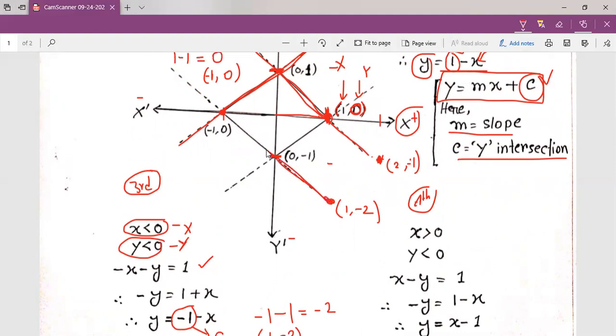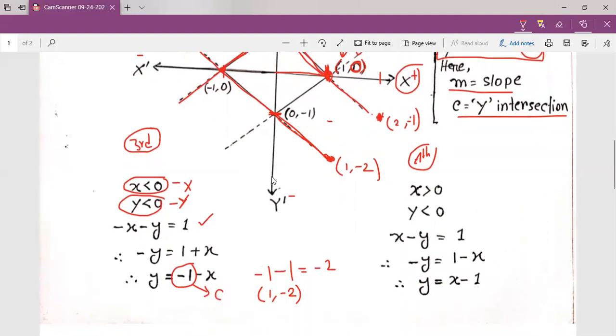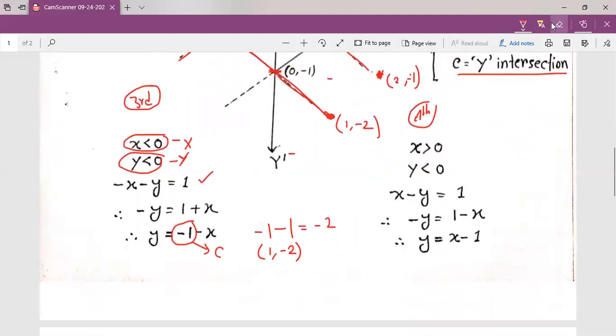This straight line will go upward. If we take some value of x, like -1 or -2, let's take -2. So it will be -(-2) minus 1, so this minus and this minus will be plus, right? So -1 plus 2. We get -1 plus 2, which is going to be +1.